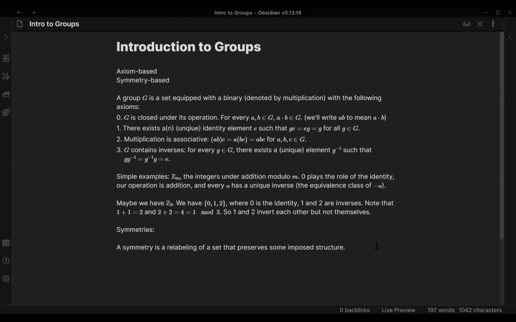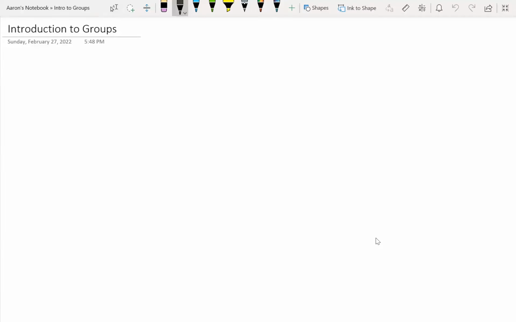So this is where I want to be able to draw, because maybe we have a square, something like this. All right, we'll connect the sides, and we'll label the vertices. A symmetry of this square would be something that preserves all of these sides.